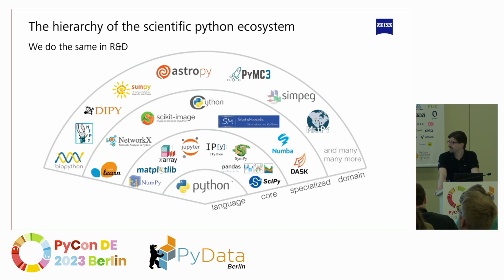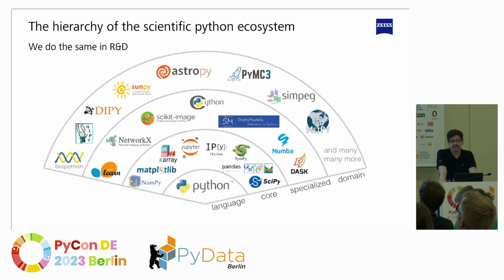Then you have some specialized logic libraries, like for image processing, for statistic models, for machine learning. And on the outer scope, you have domain-specific libraries. This is now the public Python ecosystem, so there's something like for astrophysics, for biophysics, and these things.